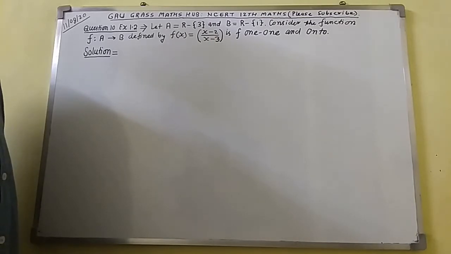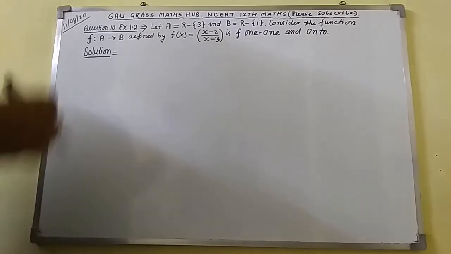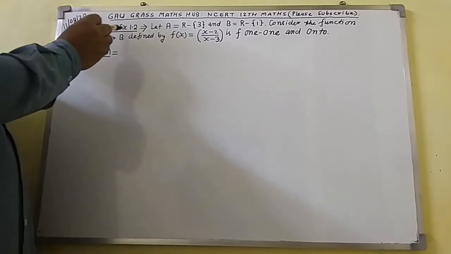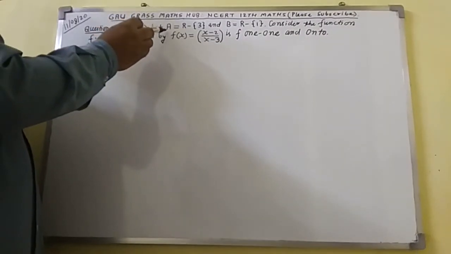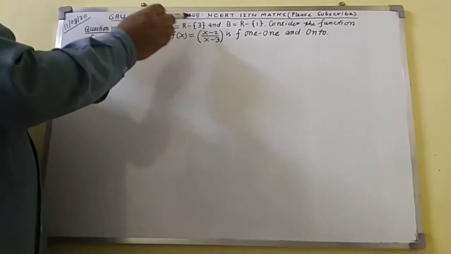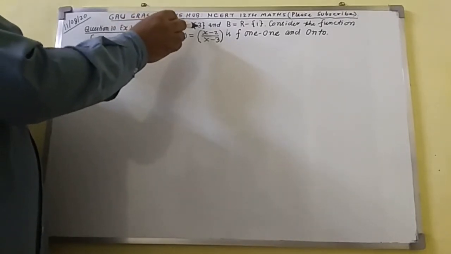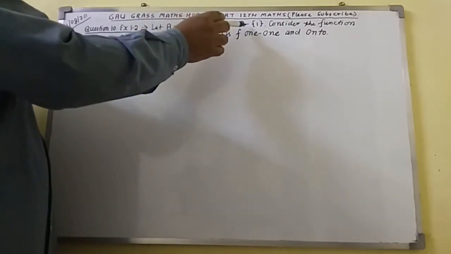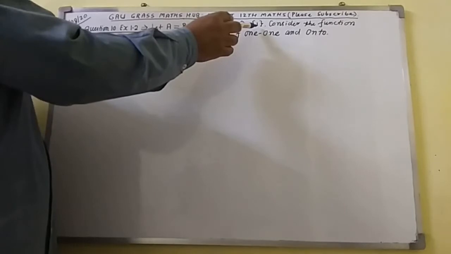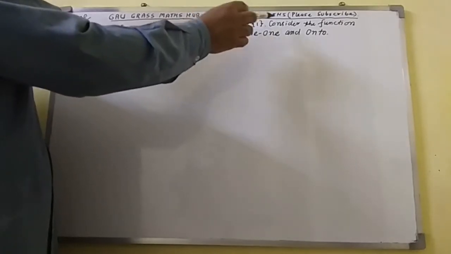Today I have taken one question from NCERT 12th Maths. The question is question number 10, exercise 1.2. Let A equal to R minus {3} and B equal to R minus {1}.